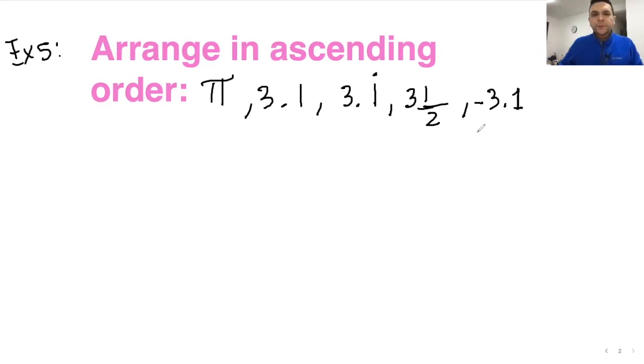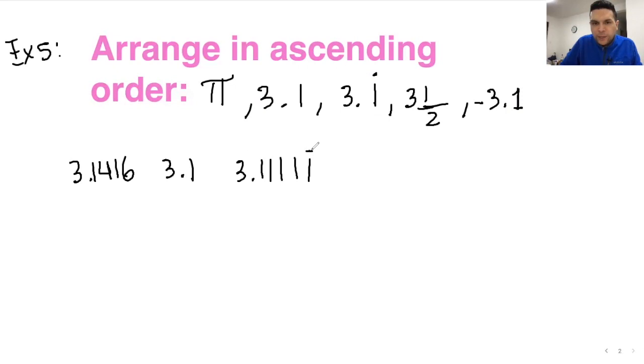Okay. So how can you go about doing this? Well, you can just rewrite them in a way that you can compare them, right? So pi is about 3.146, right? That's an approximation for pi. This is 3.1. This would be 3.11111.